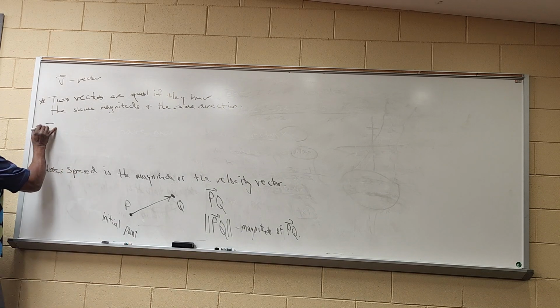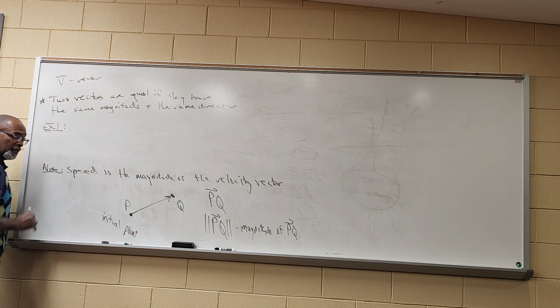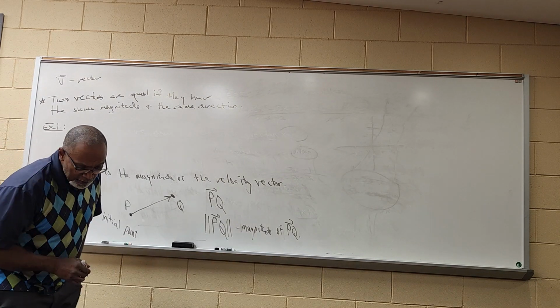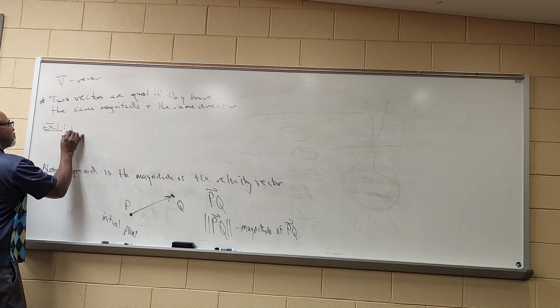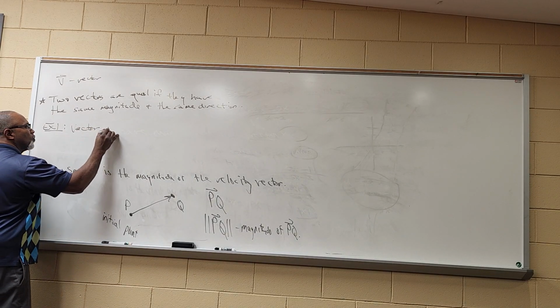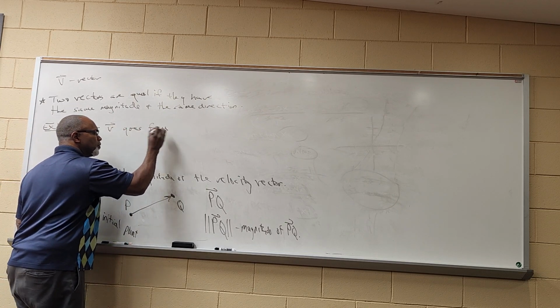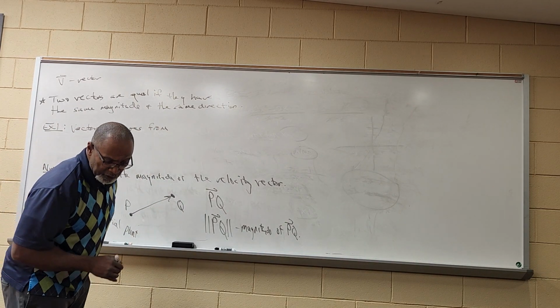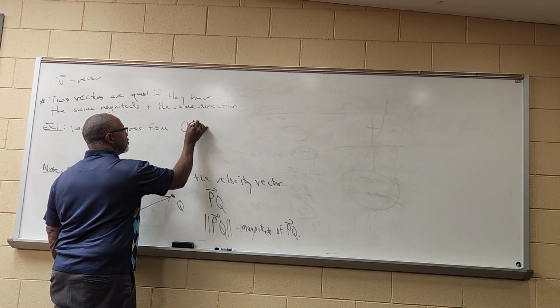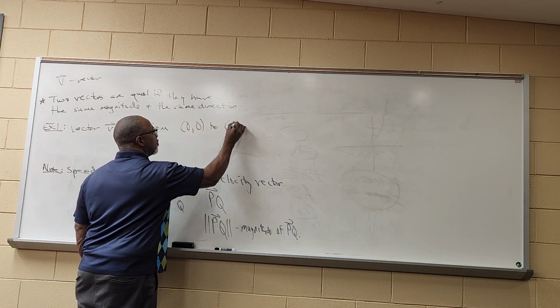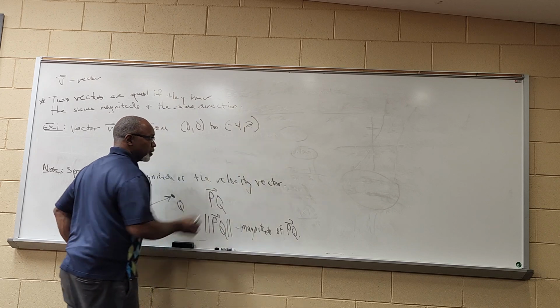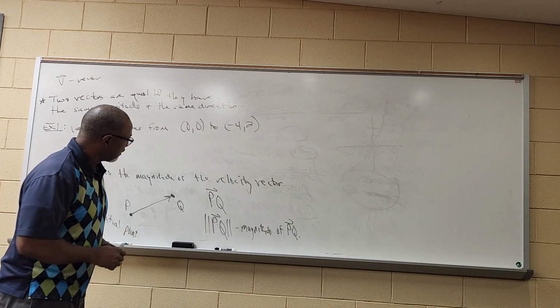So with that in mind, example one says vector V goes from, they say 0, 0 to negative 4, 2. Okay, 0, 0 to negative 4, 2.